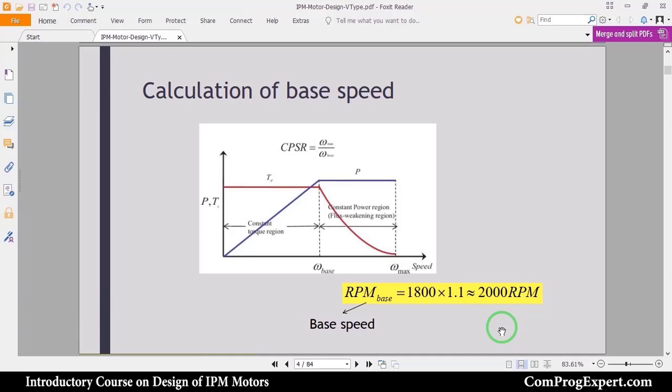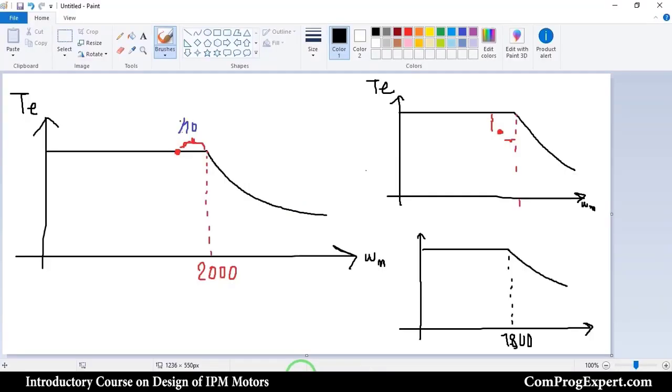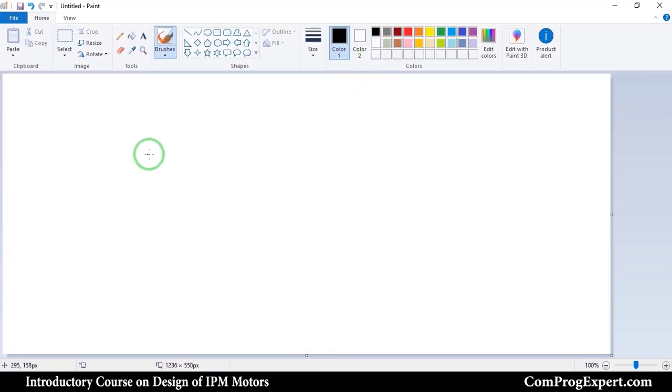Because we need to reduce the induced voltage because of the injection of current. Let me show you this curve. This is the supply voltage, stator resistance, leakage inductance, and phase EMF.